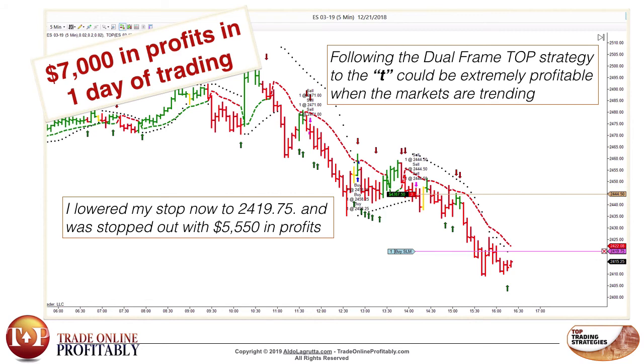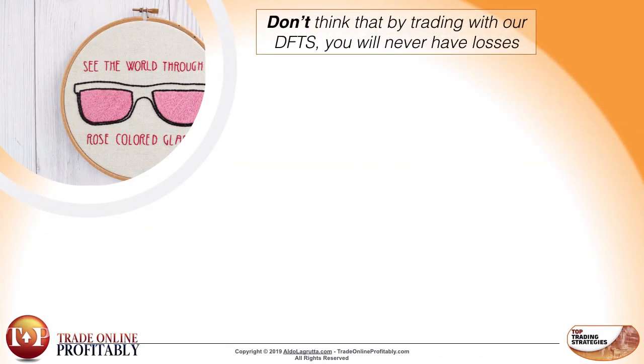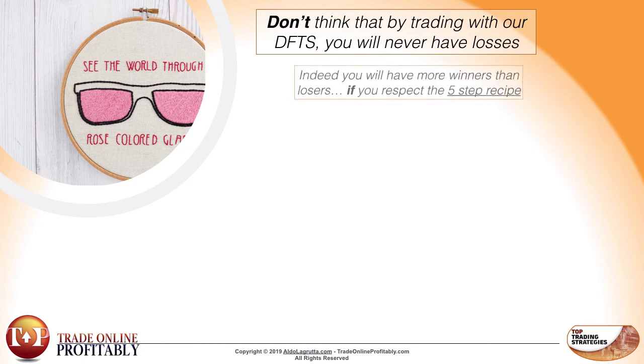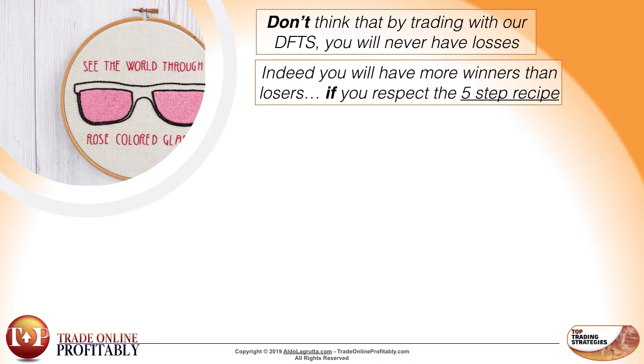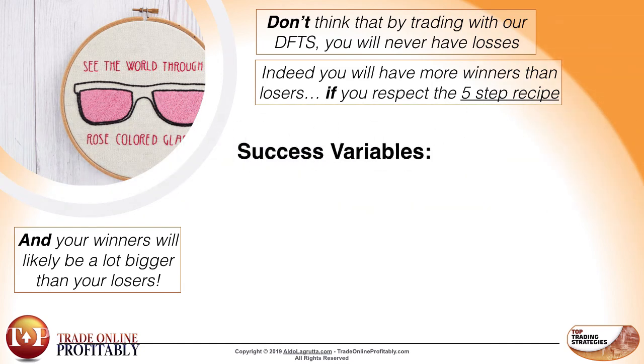I'm going to finish this video with an important note. I do not want you to think that by trading with our DFTS strategy, you will never have losses. Indeed, you will have more winners than losers if you respect the 5-step recipe. And in all likelihood, your winners will be a lot bigger than your losers. But keep in mind that the success of a trading plan depends on many variables, many of which we covered in this course.